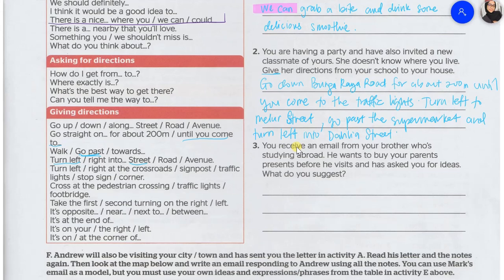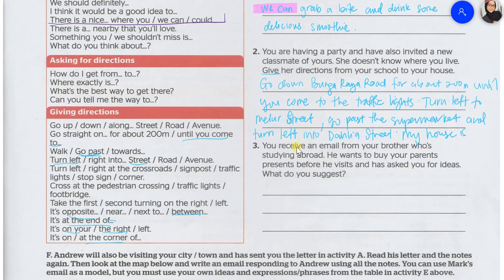Okay, let's finish the sentence lah. So my house is where? At the corner? On your left? On the right? Opposite or near or between? At the end of the? So which one we should use?